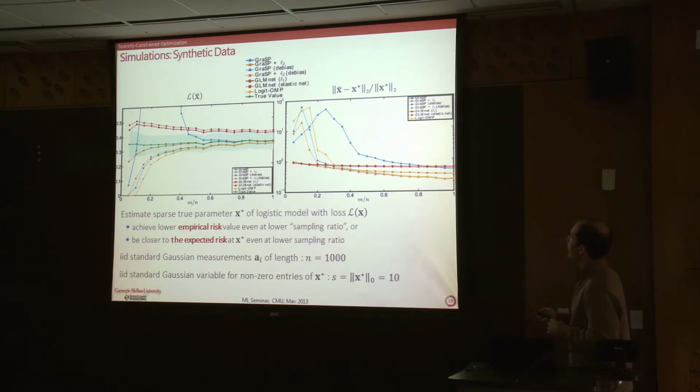But beyond that, if you use this L2 regularization or the debiasing of the solution at the end of each iteration, you can see that the algorithm becomes more stable at the low sampling ratios, and it also converges faster than the logit OMP to the true parameter.